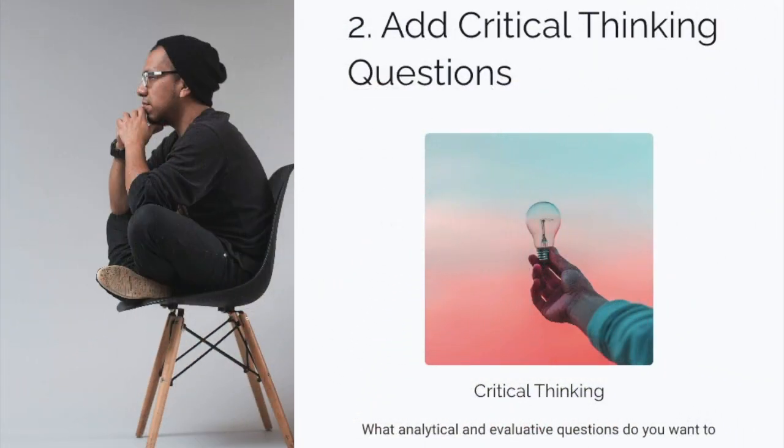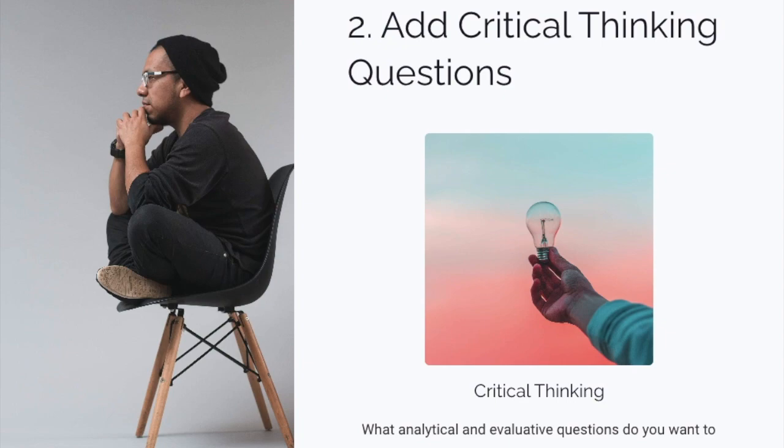Now, within your planning, we also encourage you to add your critical thinking questions. So really start to think about what you're going to do with that content. You may find that there's a particular area that you're going to be covering. So for example, I'm going to use grounded theory. I might want to talk about, well, what is grounded theory? But then I'm going to start adding my critical thinking questions.